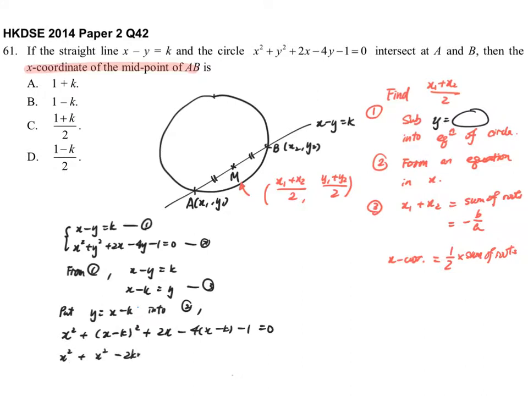We have x squared plus x squared minus 2kx plus k squared plus 2x minus 4x plus 4k minus 1 equals 0. We have 2x squared minus 2kx minus 2x plus k squared minus 4k minus 1 equals 0.